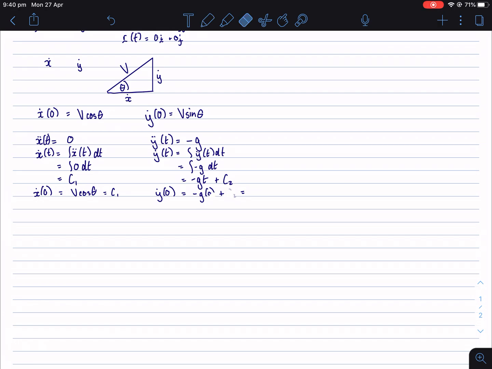I should have done this the other way around for consistency. So C1 is v cos theta, C2 is v sine theta. So we have the general equations: for the horizontal velocity, x dot of t is v cos theta, and for the vertical velocity, negative gt plus v sine theta.